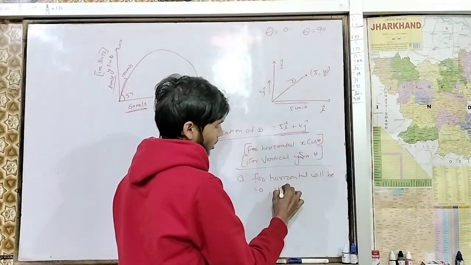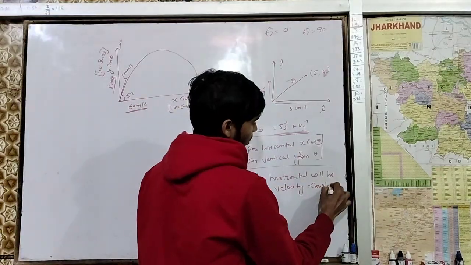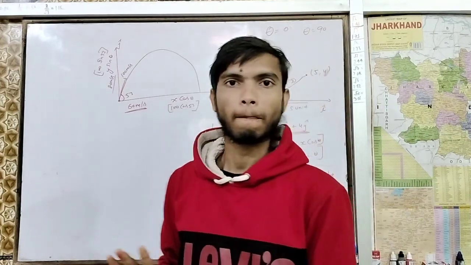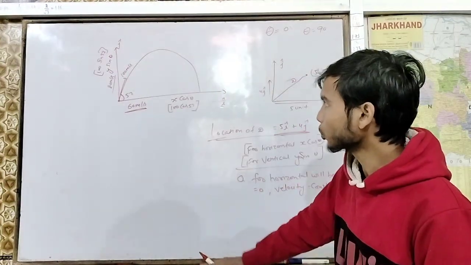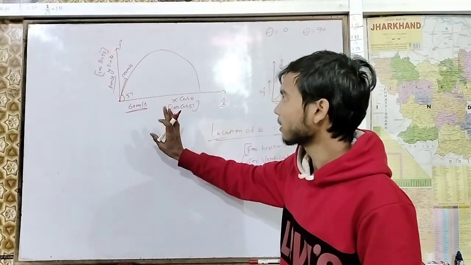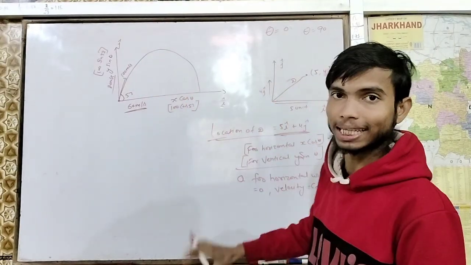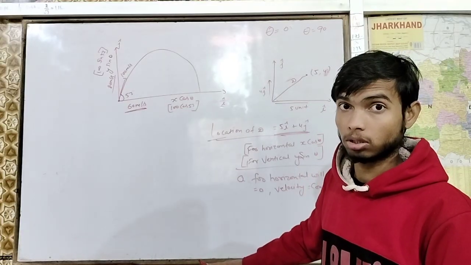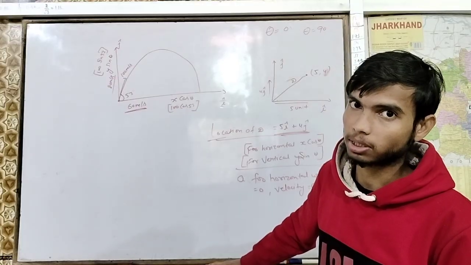So velocity is going to be constant. Horizontally, I am talking about horizontally. If someone asks you what is the acceleration of this stone going horizontally, you would say acceleration is going to be 0. So if acceleration is 0, velocity will be constant.